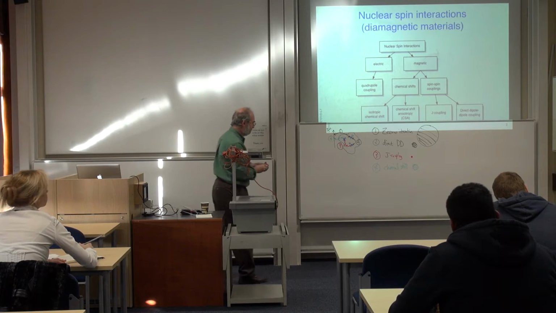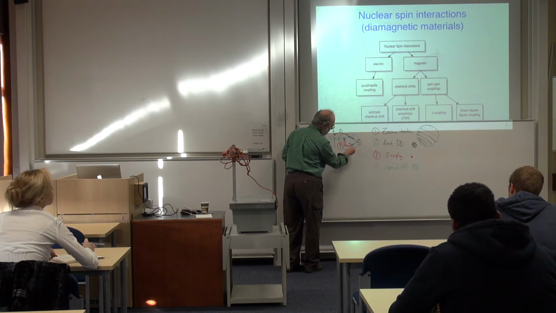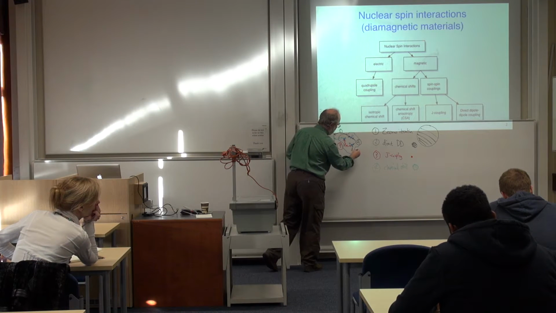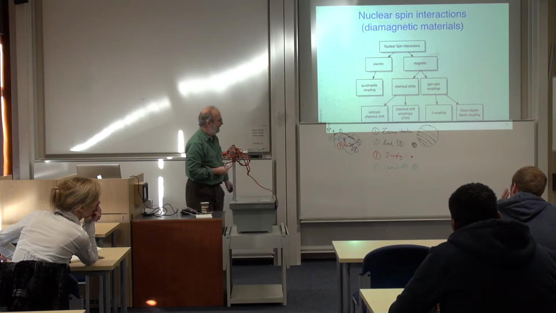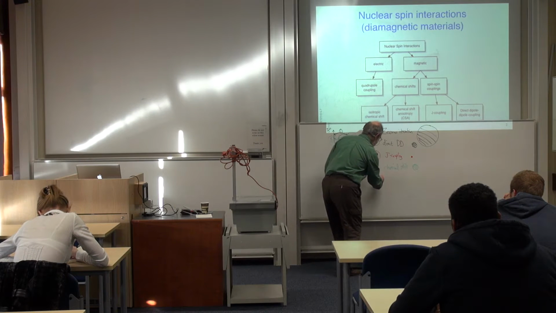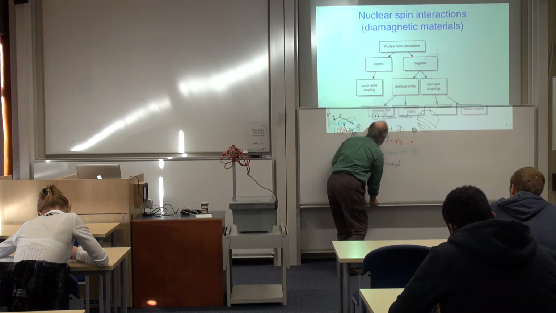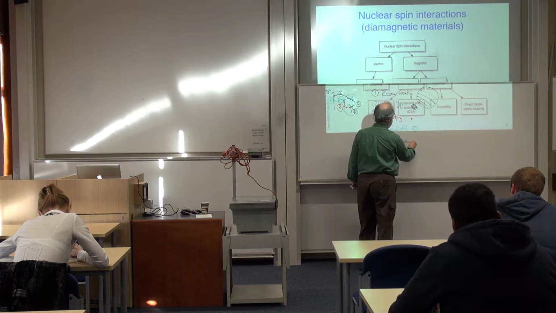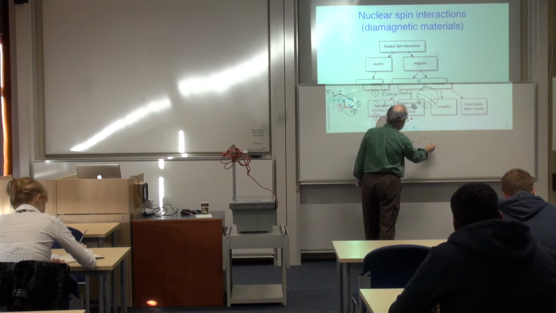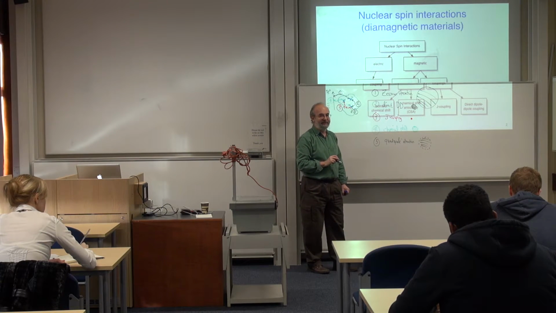And we have one more as well, which is where the nucleus can interact with the electrons around the nucleus. What's that called? Yeah, that's the quadrupole, at least the quadrupole interaction is the main part of it. And that's actually quite a big interaction, except when the spin is 1/2, in which case it vanishes.